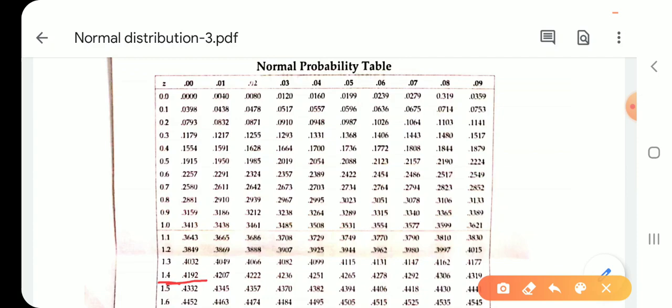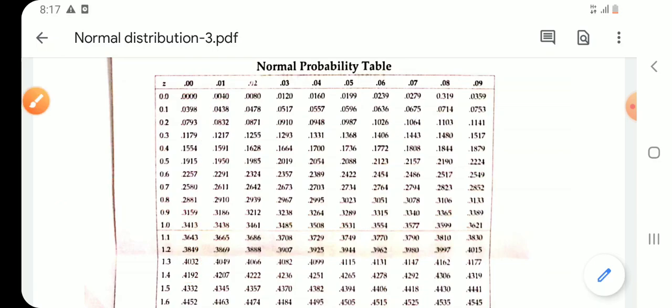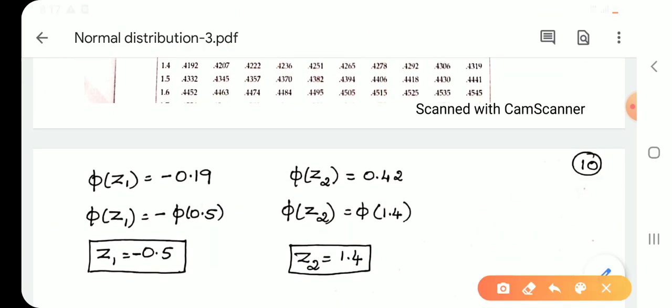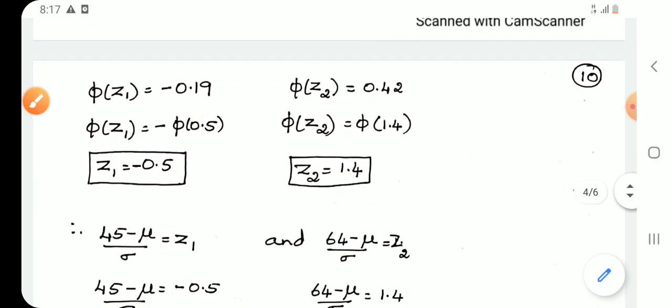That is 1.4, and the corresponding value here is 0.00. So 1.4 plus 0.00 is 1.4. Phi of Z2 is equal to phi of 1.4, so the value of Z2 is 1.4.